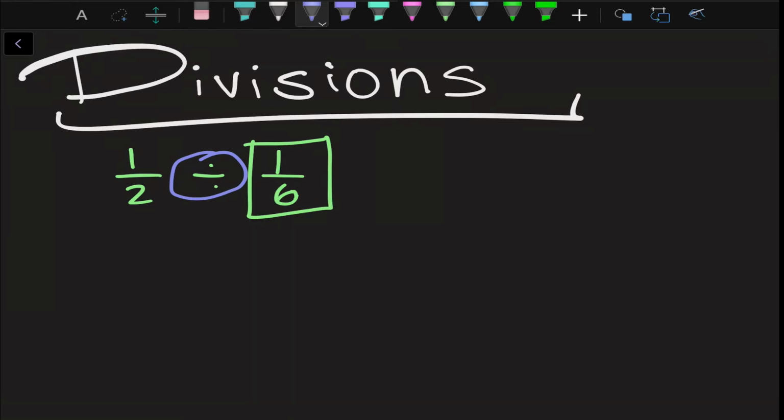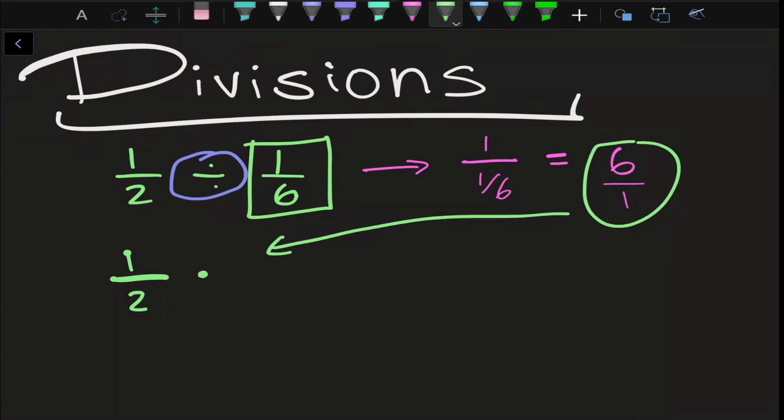We're going to find the reciprocal. So what that means is we're totally taking 1 over 6, which, if we remember from reciprocals, is just 6, or 6 over 1. So then what we're going to do is come back to this original, and we're going to go 1 over 2, and now we're multiplying by this reciprocal, 6 over 1.